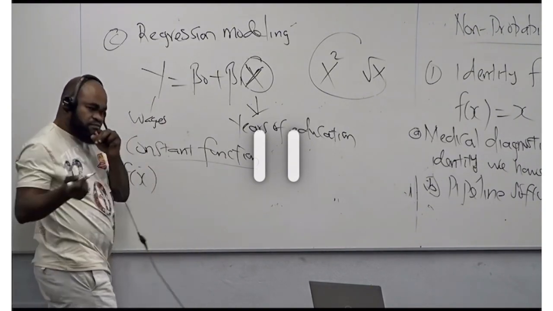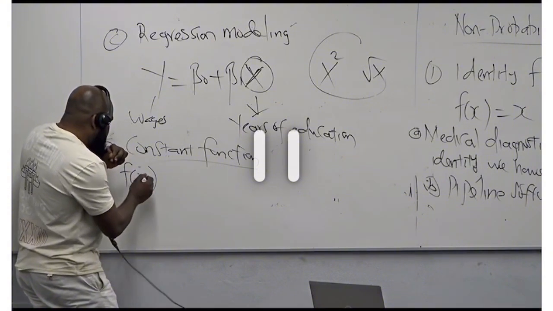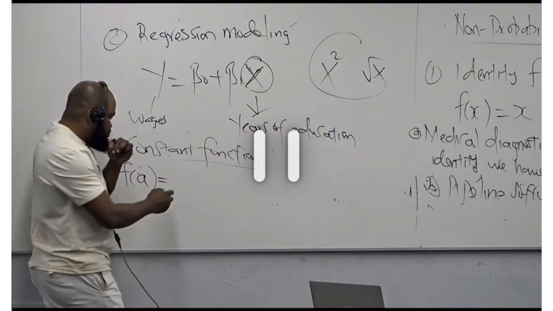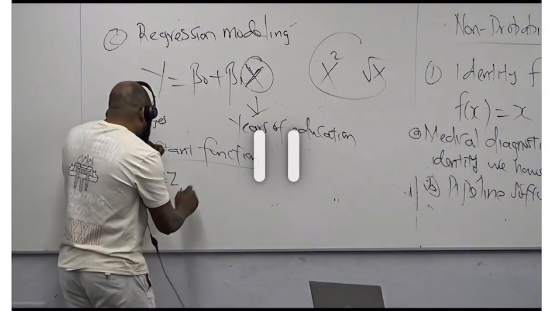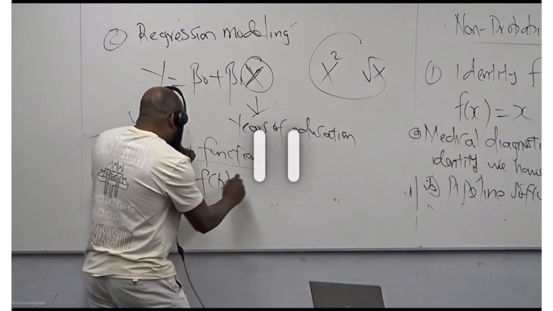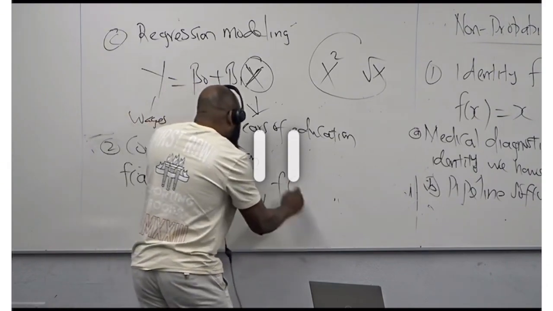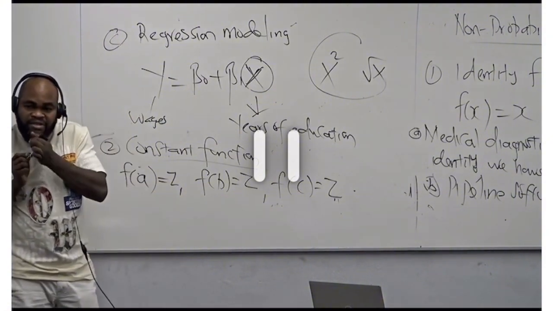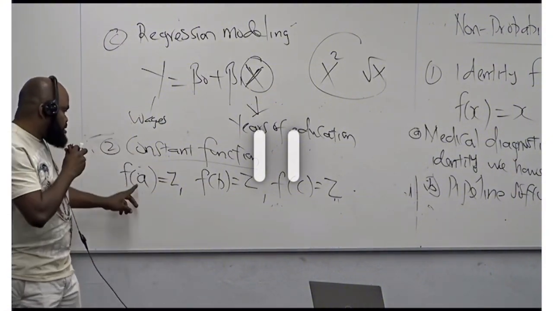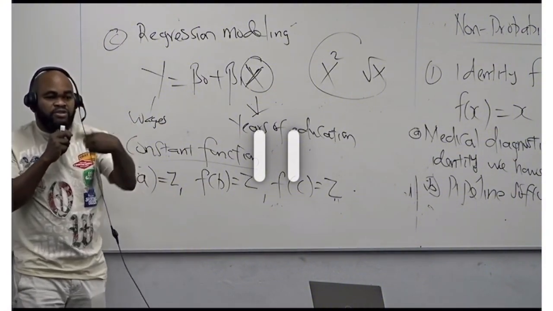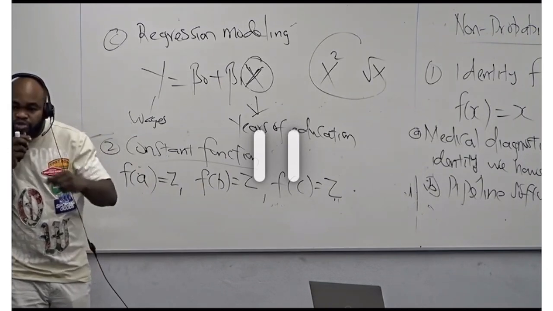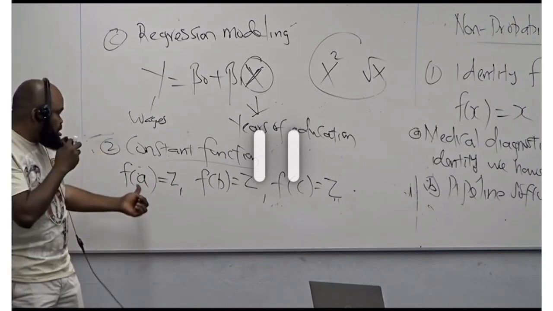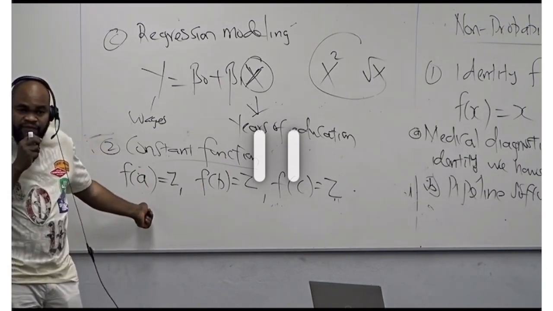Irrespective of the input, maybe f of A equals Z, f of B also equals Z, f of C also equals Z. What I'm talking about is whatever values of the inputs, the output remains the same. That's what we mean by constant function.